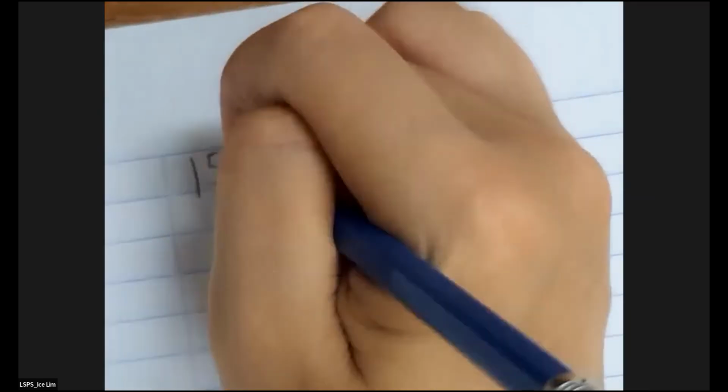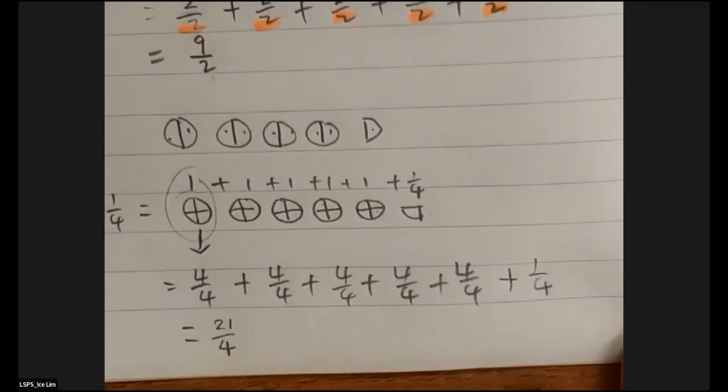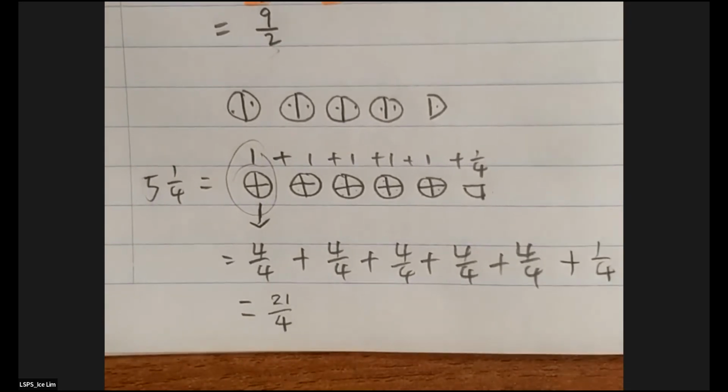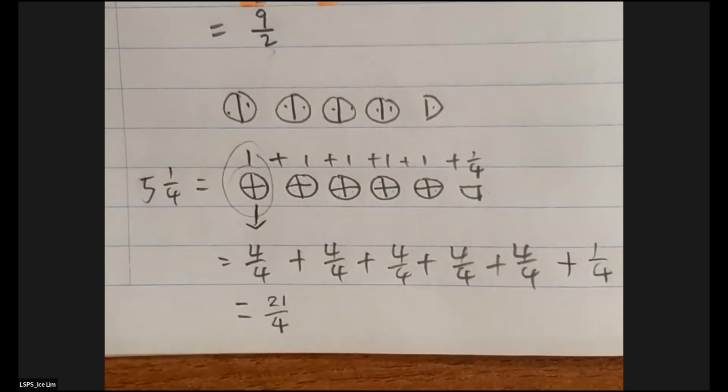Wow. Imagine I'm going to draw 15 and count this. How long do you think I will take? Really quite long, right? That's why yesterday we discussed, is there a shortcut method to this?